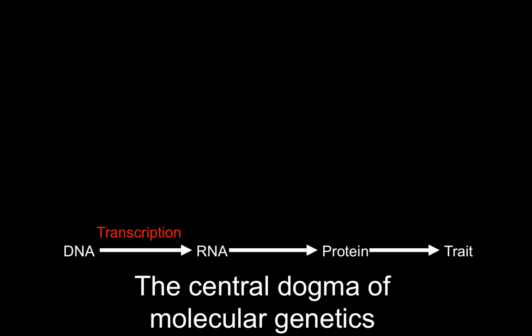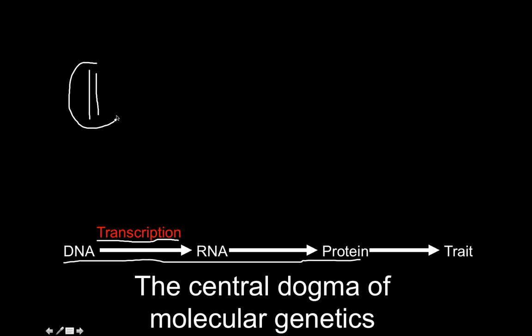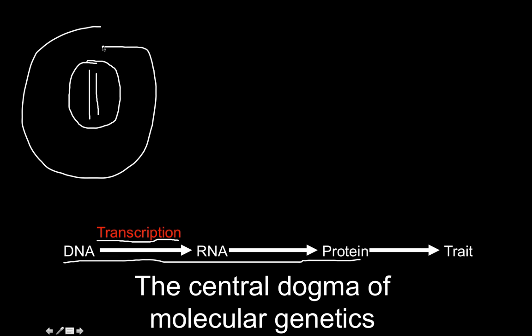So to recap part of the central dogma of molecular genetics, the overall big process of making a protein includes two parts. We have to go from DNA to RNA, and from RNA to a protein. We didn't talk about the whole process of protein synthesis, we just talked about transcription. In transcription, we have our double-stranded DNA inside of the nucleus that is a part of a cell.